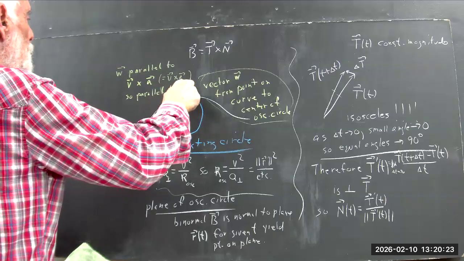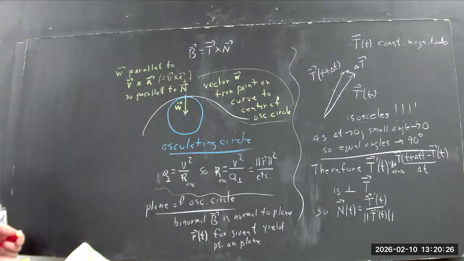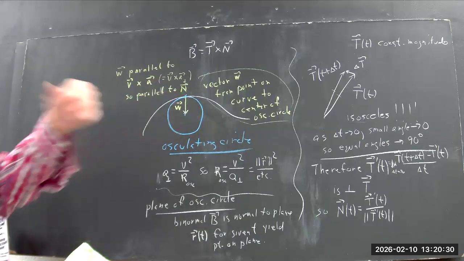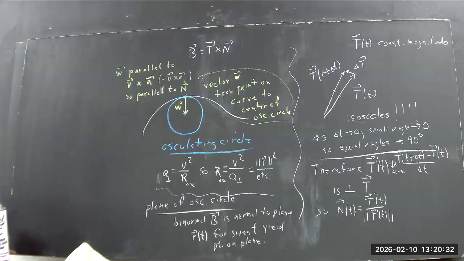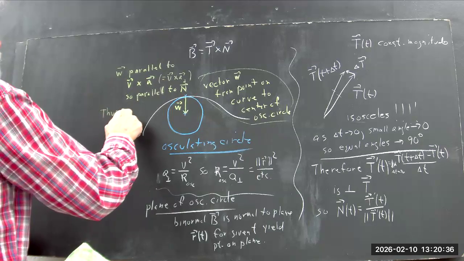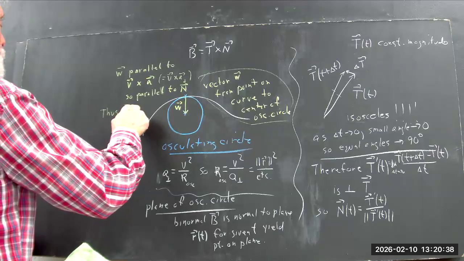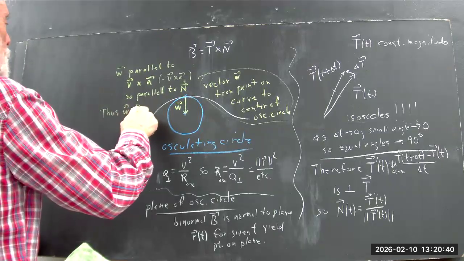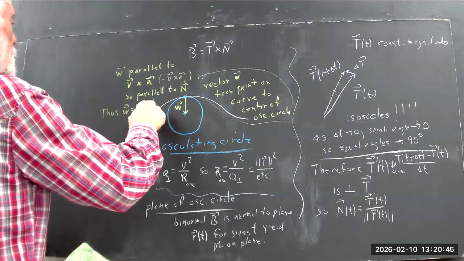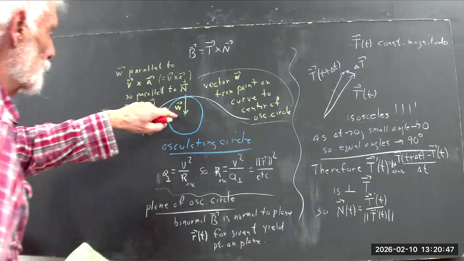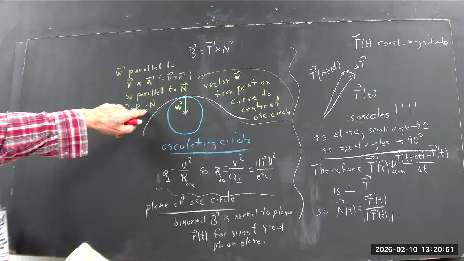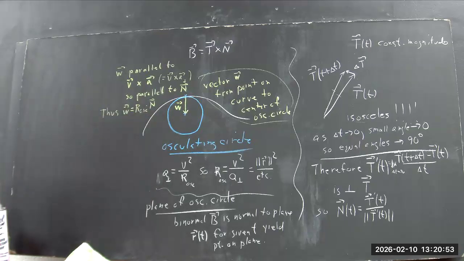So what really happens is it's parallel to your unit normal. So this vector is the radius of the osculating circle times your normal vector.